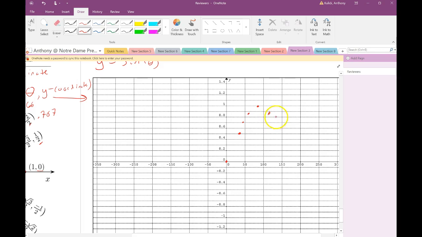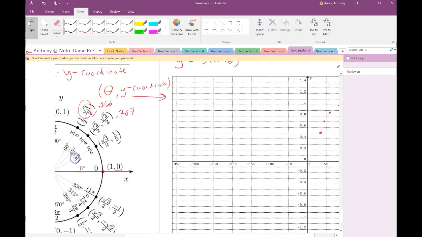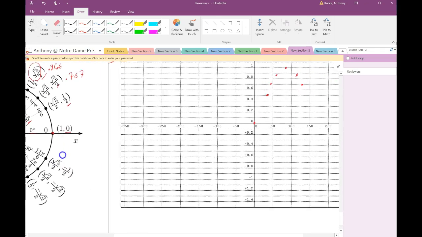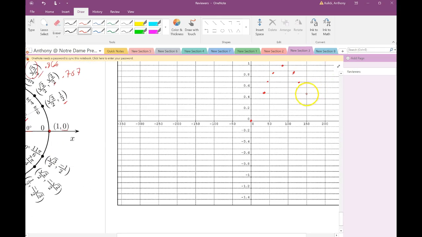And then we have 135, which is probably in that neck of the woods. Stop it, computer. And then we have 150 is the next one, right? Yeah, 150 is the next one, which is here. And then we have 180, which would be there.